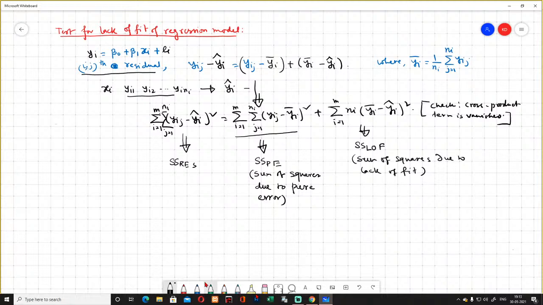Hence, this measures lack of fit, and this measures pure error.